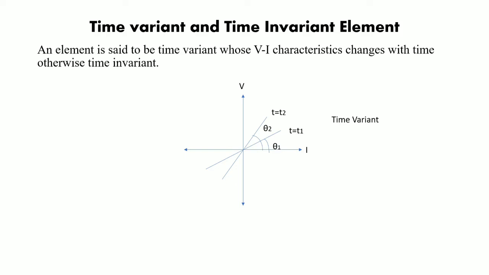After some time at t equal to t2 I am getting VI characteristics like this. Means slope is changing. Initially the slope is tan theta 1 and after some time the slope is tan theta 2. That means VI characteristics are changing. So this is called time variant element. Thank you.